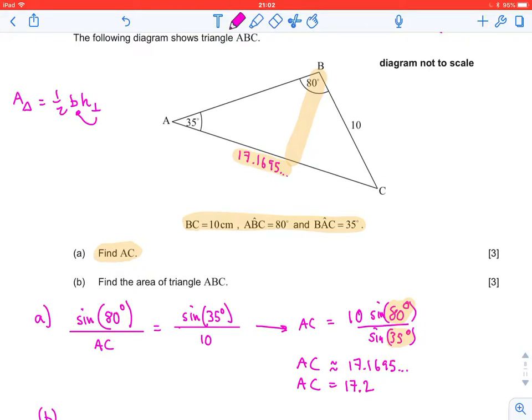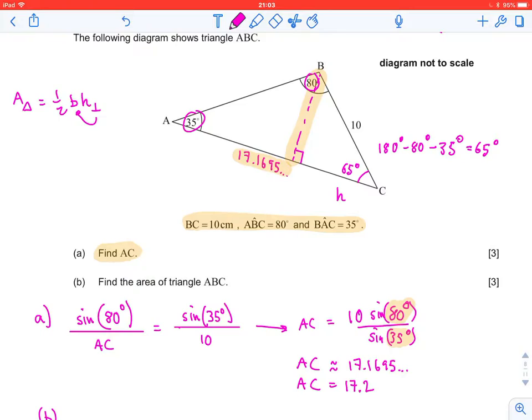And if you remember from your right triangle trigonometry, to find that height, if we can get this angle right here, we could find that height. So this angle, since this is 35 and this is 80 degrees, we can subtract from 180 degrees and get that this angle measures 65 degrees. So this is a 65-degree angle.